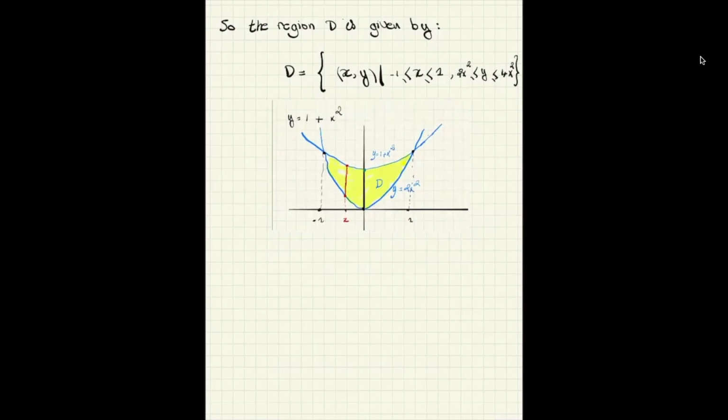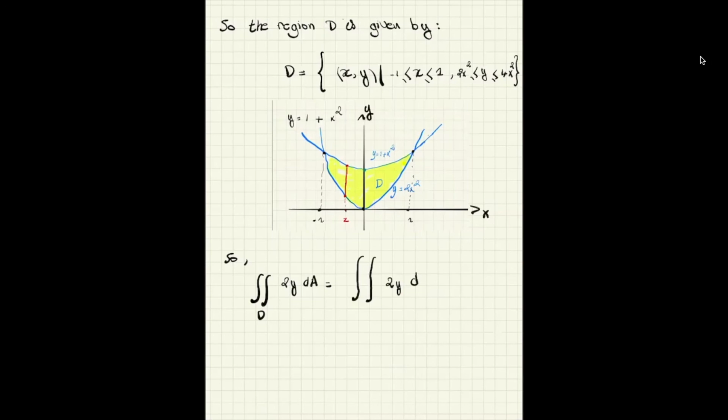So if I want to integrate this function over D, this will be given by the integral, and here it's x, and here it's y.